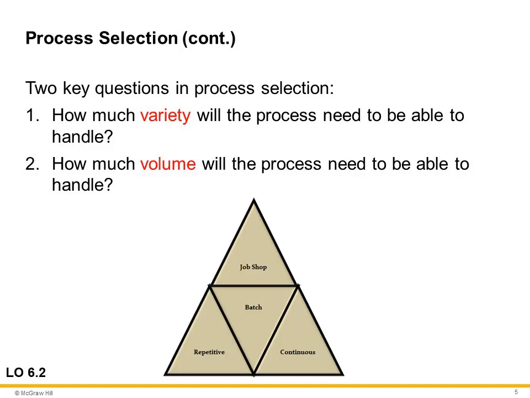How much volume will the process need to be able to handle? So when you have answers to these two questions, you can select one of the four common types of process that we have here: job shop, batch, continuous, and repetitive, which sometimes is called the assembly line.